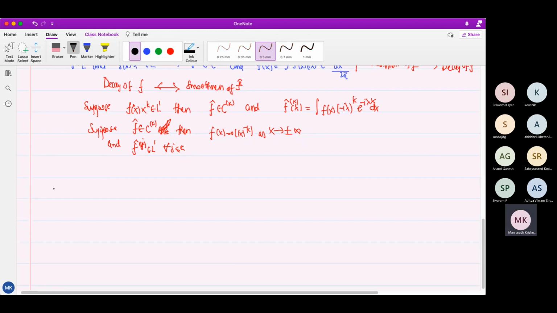Okay. Because of this, what is a good class of functions to work with? When you're studying, especially when you're studying Fourier transforms, often what do we take?